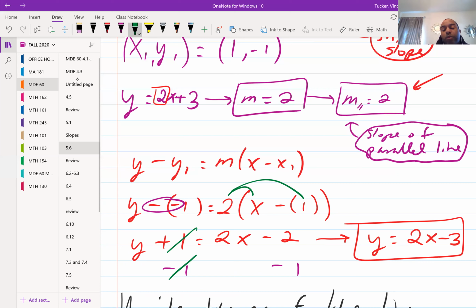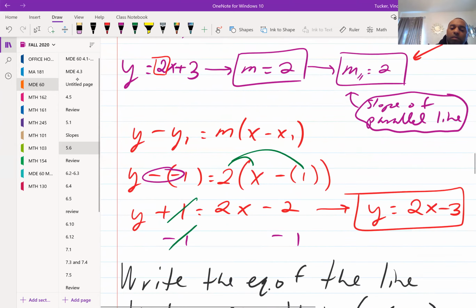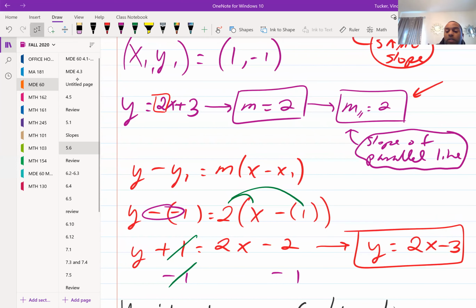Now, once again, make sure you pay attention to the directions as far as how they want your answer to be, whether they want it in this form or like we did in the last one, the standard form. All right, any questions? Do at least one more.